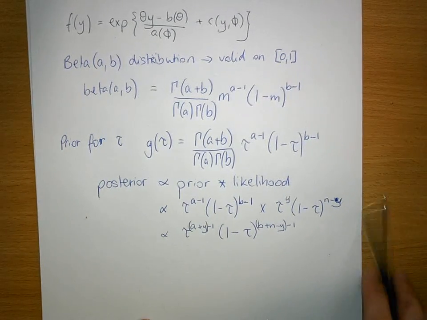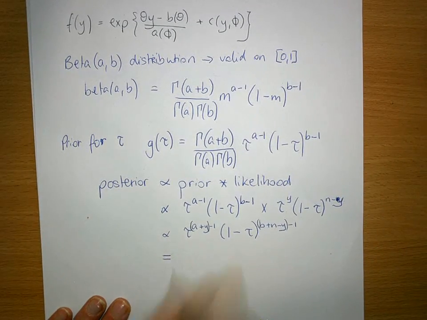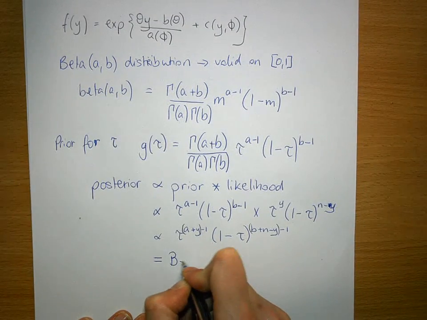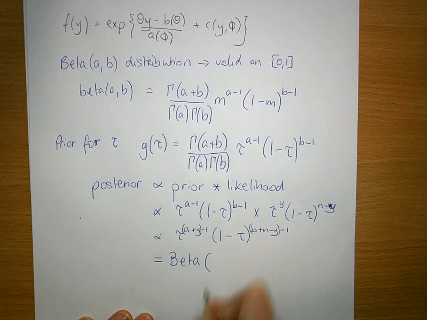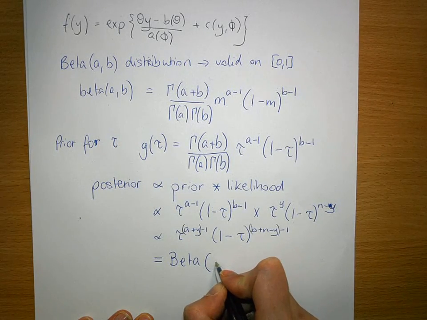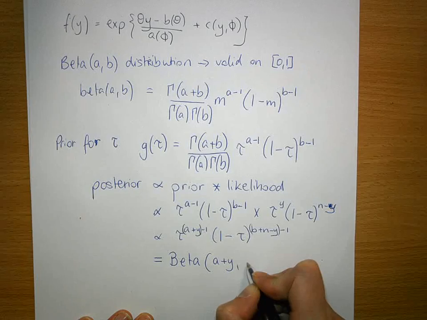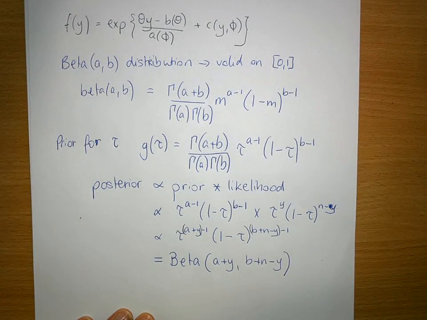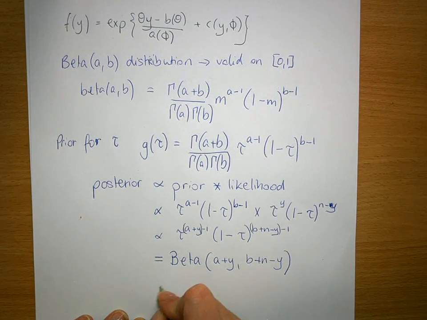And this is where you really see the advantage of having used a conjugate prior. So it's a beta(a plus y, b plus n minus y) distribution.